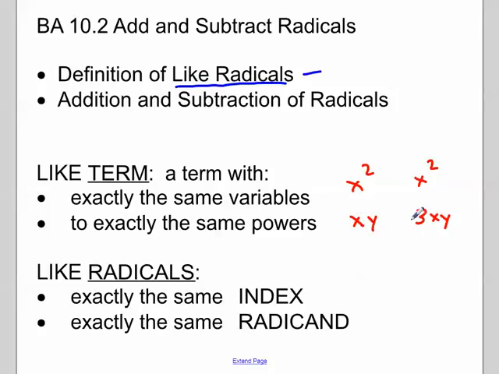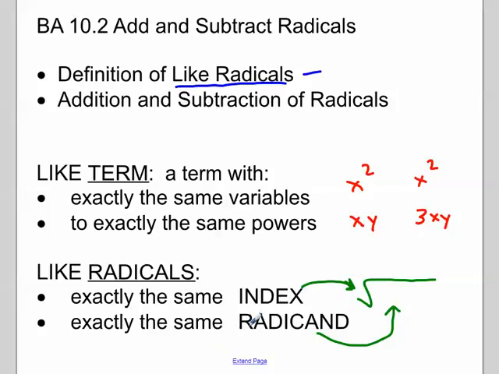These are like terms. Like radicals have exactly the same index and exactly the same radicand. Index is right there, kind of the key to the house if we talk about the square root house. Radicand is right in there, whatever's inside here.